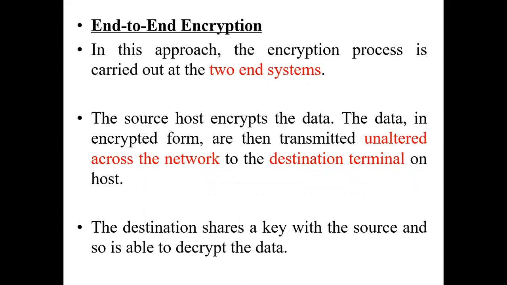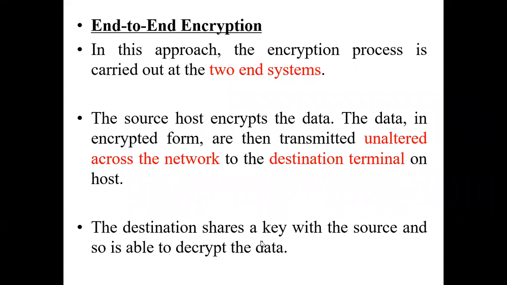Next you see the end-to-end encryption process, and this encryption is carried out at both endpoints. The source encrypts the data, it is in encrypted form, and then transmitted through the network to the destination.